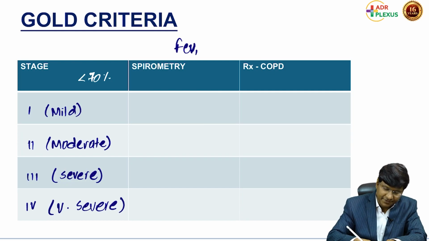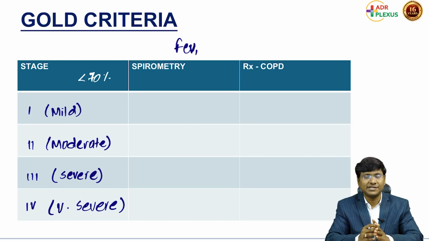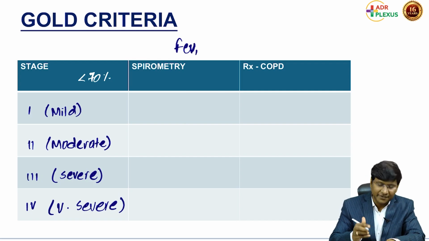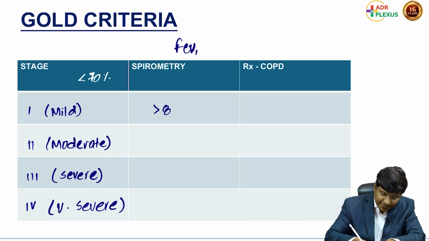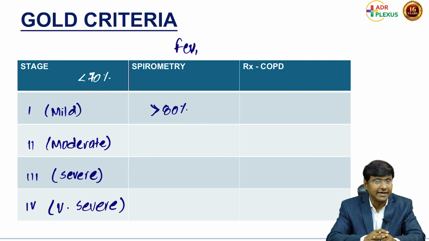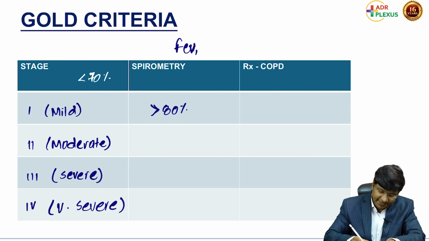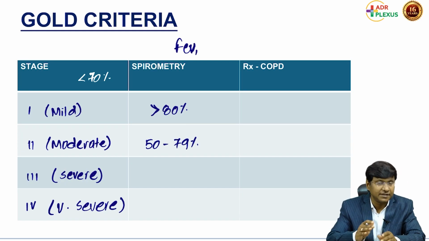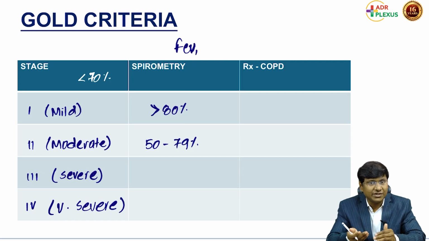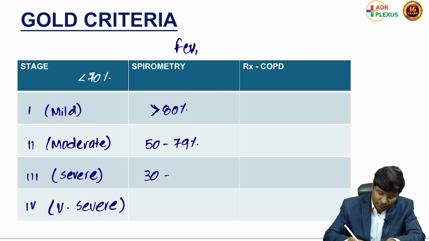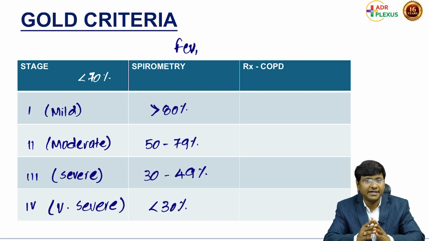We take the FEV1, that is the volume of air exhaled at the end of the first second. In mild, the FEV1 will be more than 80% of the predicted value. In stage 2, the FEV1 will be around 50 to 79% of the predicted value. In stage 3, it is around 30 to 49% of the predicted value, whereas in stage 4 the FEV1 will be less than 30% of the predicted value.